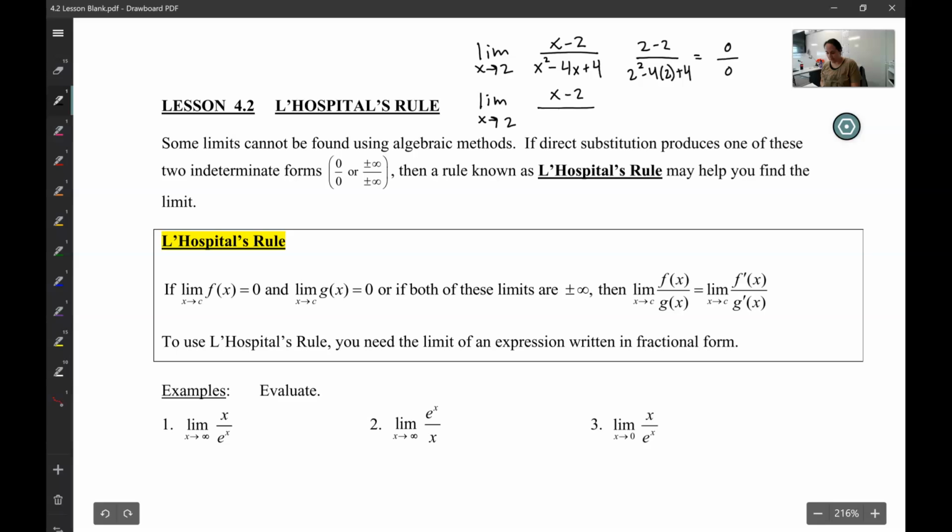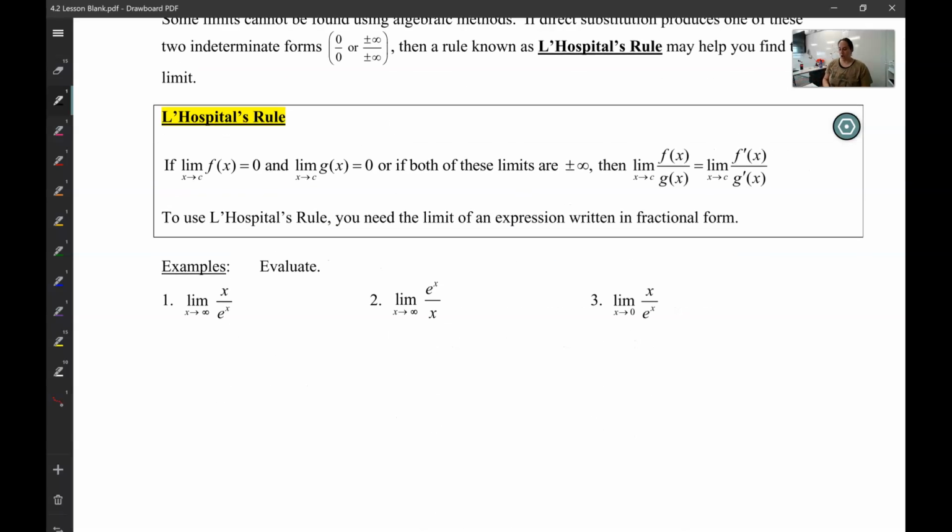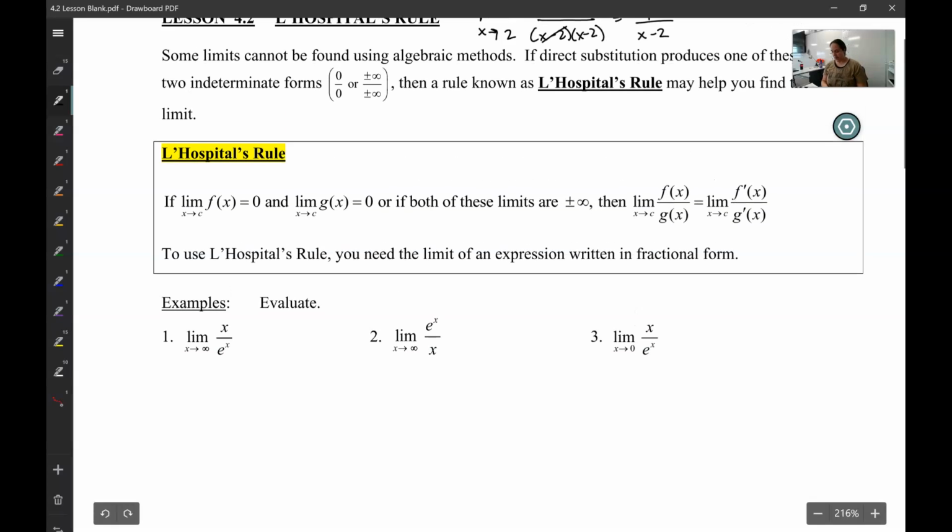So we'd factor this bottom one to x minus 2 times x minus 2, cancel those out, and then we could go from there. And this is still an asymptote, so it wasn't a perfect example. But we did a lot of limits like that where you'd get 0 over 0, simplify it, and then plug it in. Well, L'Hopital's rule is a shortcut for that.